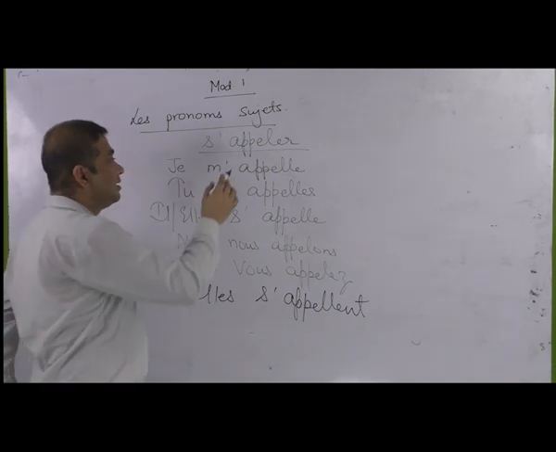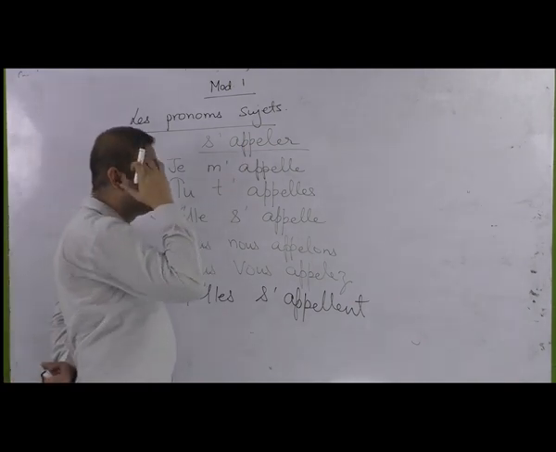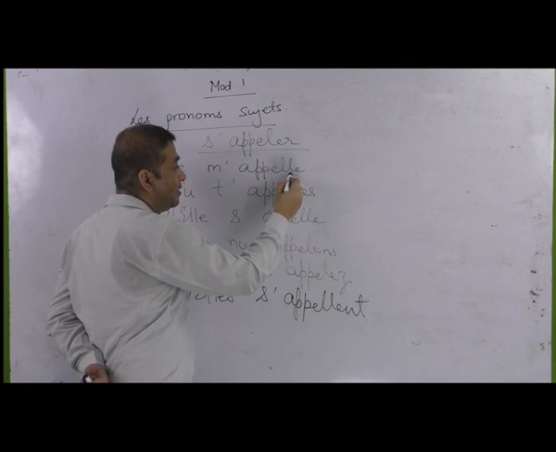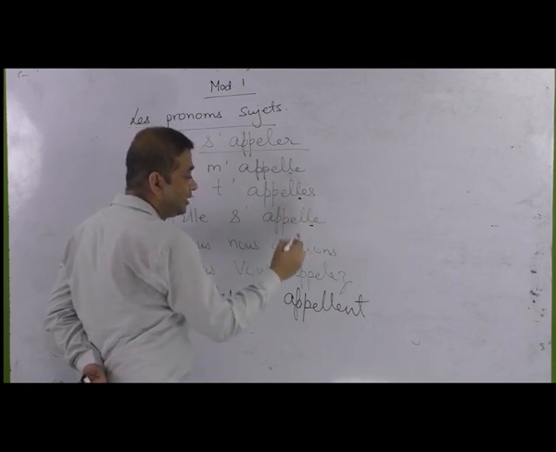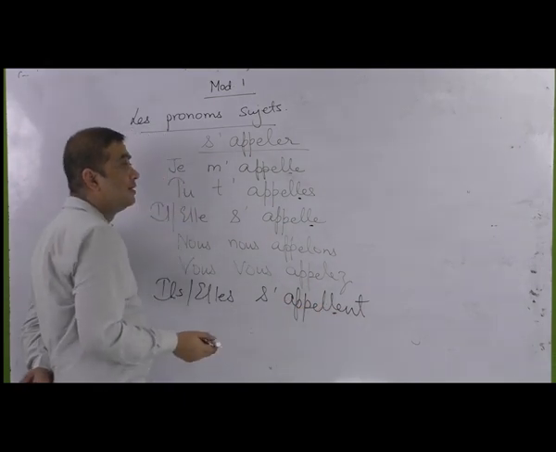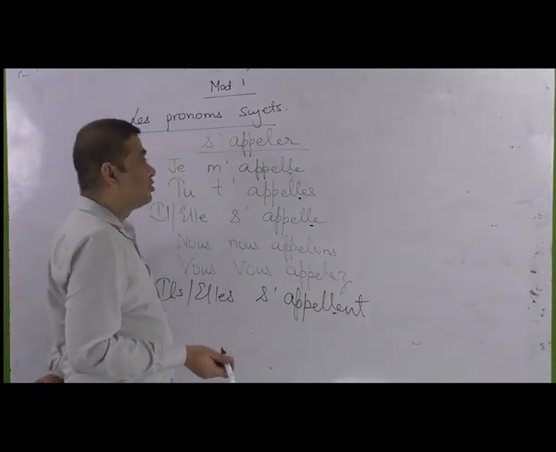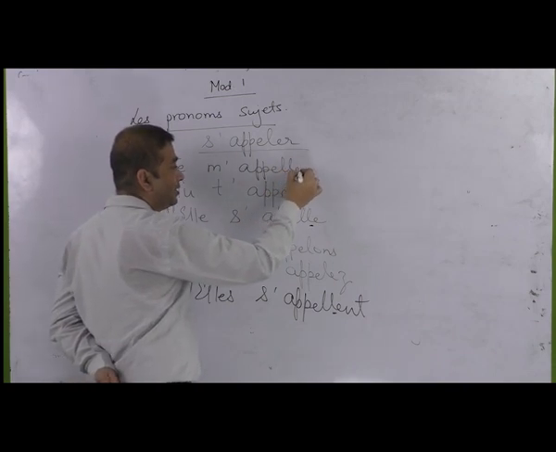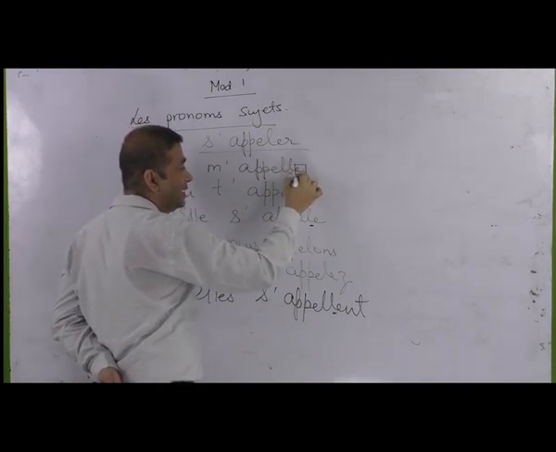So you can see here it is an ER ending verb, but it takes double L. Here one more L, one more L, one more L, but here it is single L, but here again one more L. This you have to remember. With ER ending verbs normally, you have to remember the endings after removing ER.